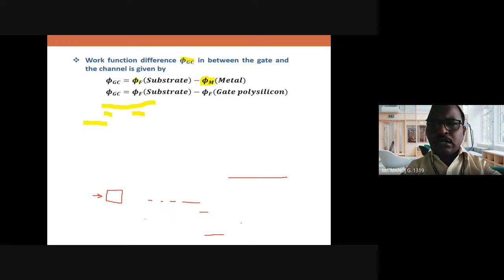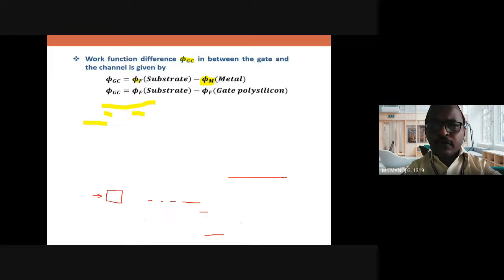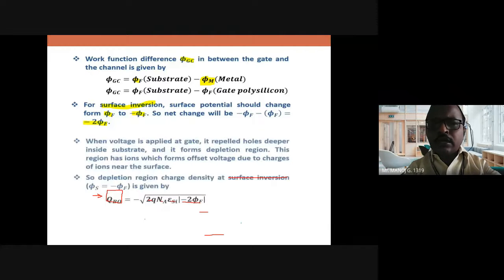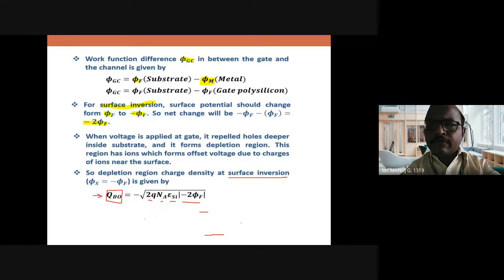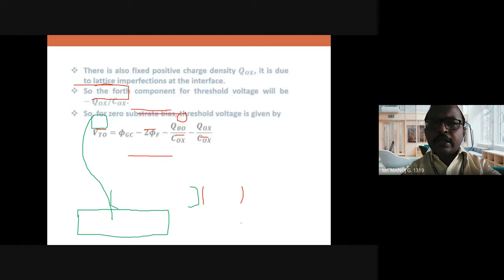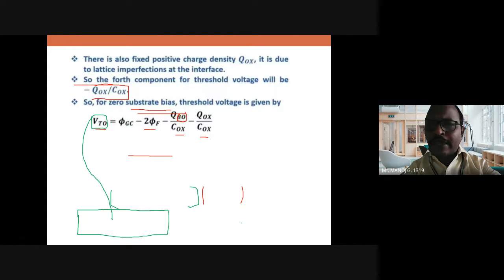We saw individually how to get the work function between the metal and the substrate, then how to get the surface inversion, and then how to get the charge density of the surface inversion when the substrate voltage is 0, and how the voltage changes when you apply the substrate voltage. The last parameter is because of lattice imperfection in the fabrication process.